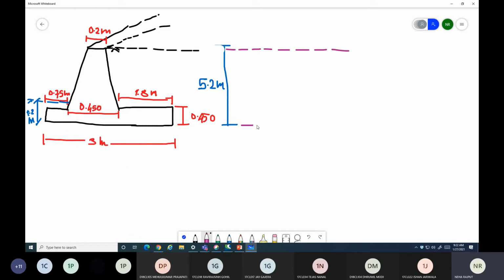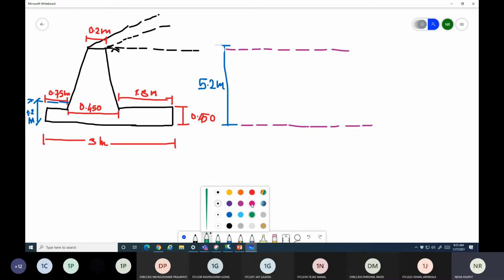You need to draw the pressure distribution diagram, active pressure distribution diagram for the full height of retaining wall. So this full height is 5.2 meter, and this is your retaining wall. Here this is backfill. For this portion is your backfill portion. So due to this backfill, this retaining wall is getting the pressure, and that pressure from the heel side or from the backfill side is known as active pressure, and that active pressure diagram you are going to draw.